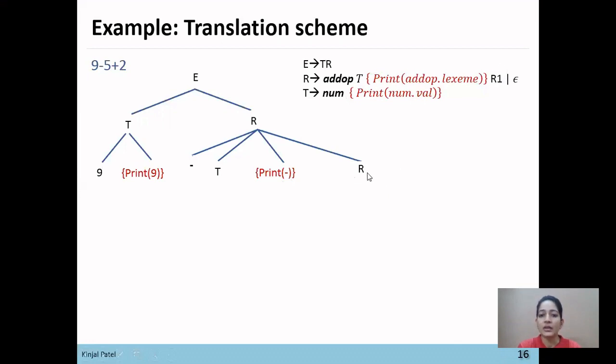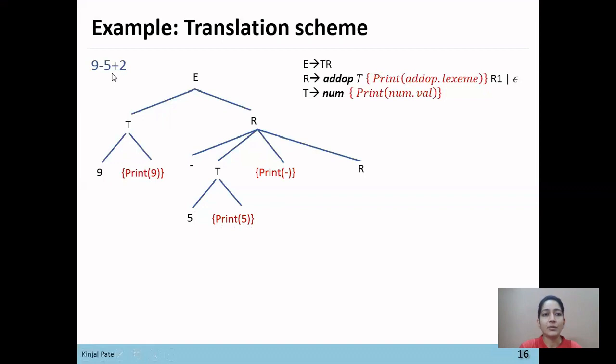So here you can also write R1 if you want to. Okay, now T derives number. So the next number is 5. So from this T, 5 will be derived, and this 5 is the reference to the digit, and here the translation scheme of 5 is to print 5.